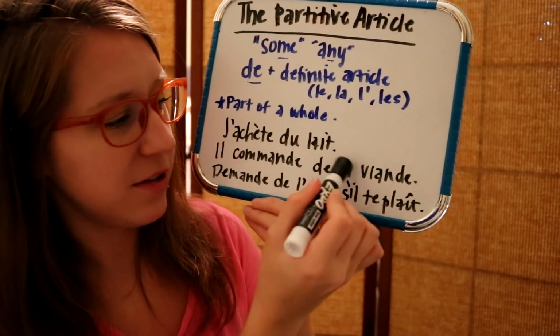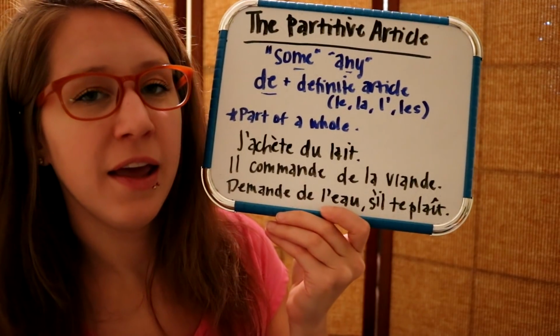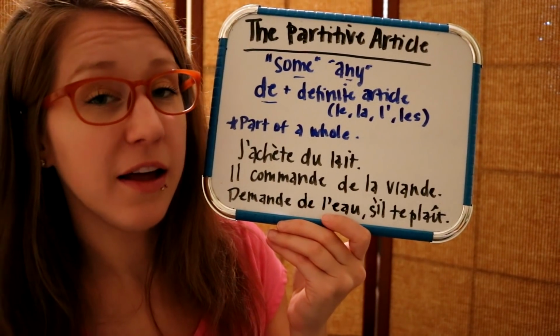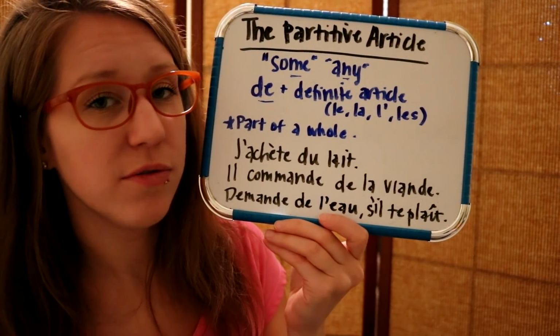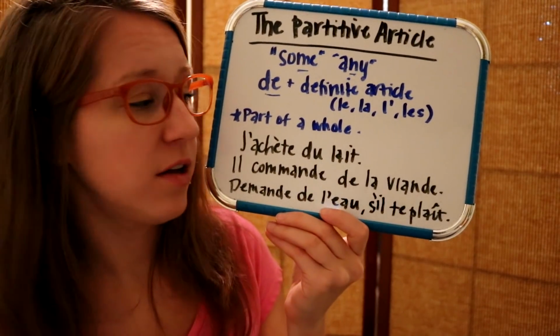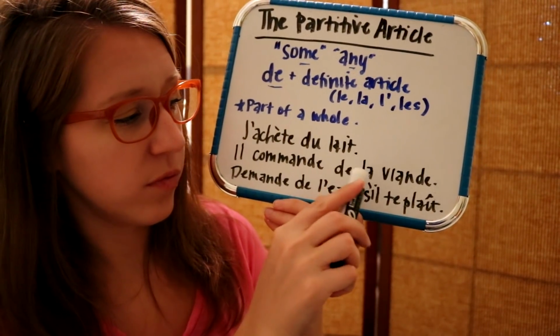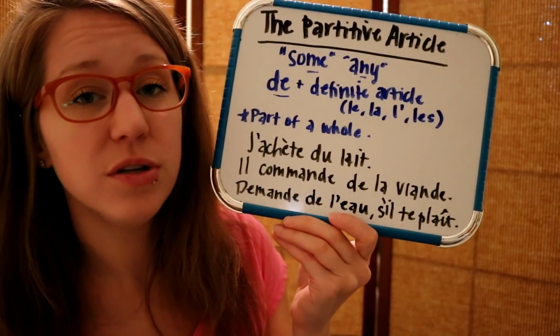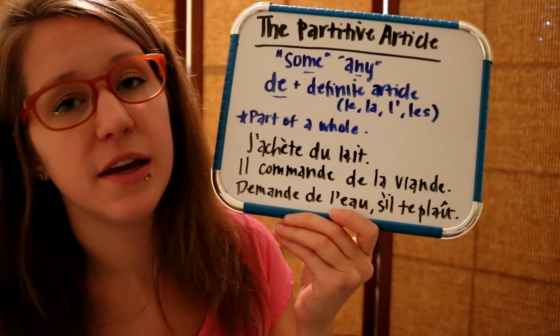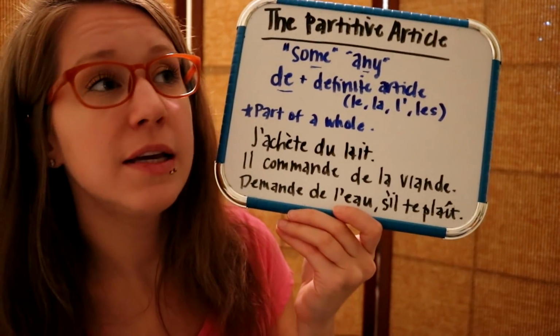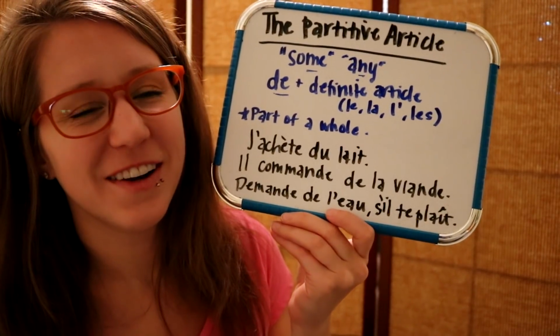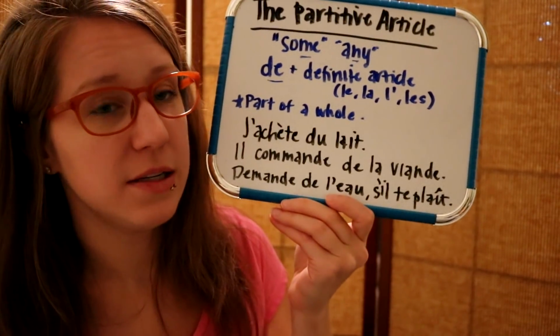So this is your partitive article. And if you remember, la and l'apostrophe do not contract. So it just stays de la. And this is saying he orders some meat. He's not asking for all the meat in the restaurant. He's ordering some meat.